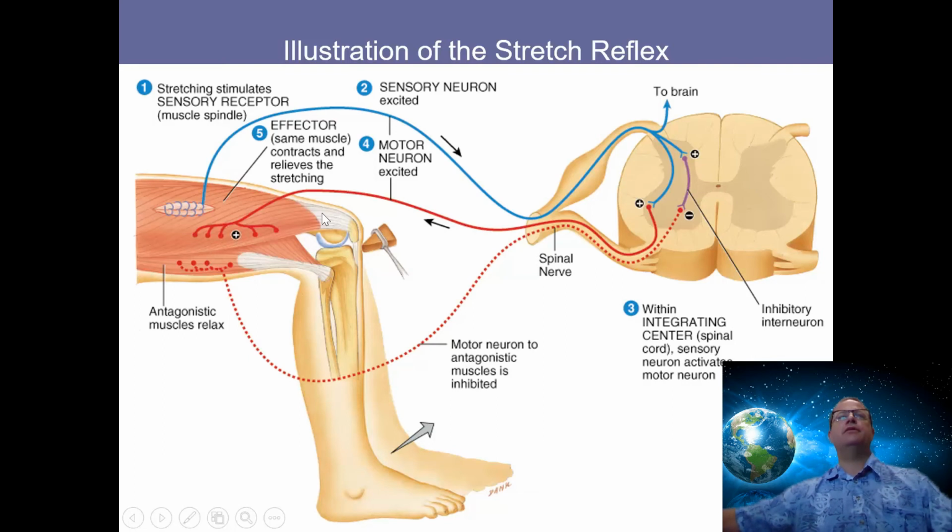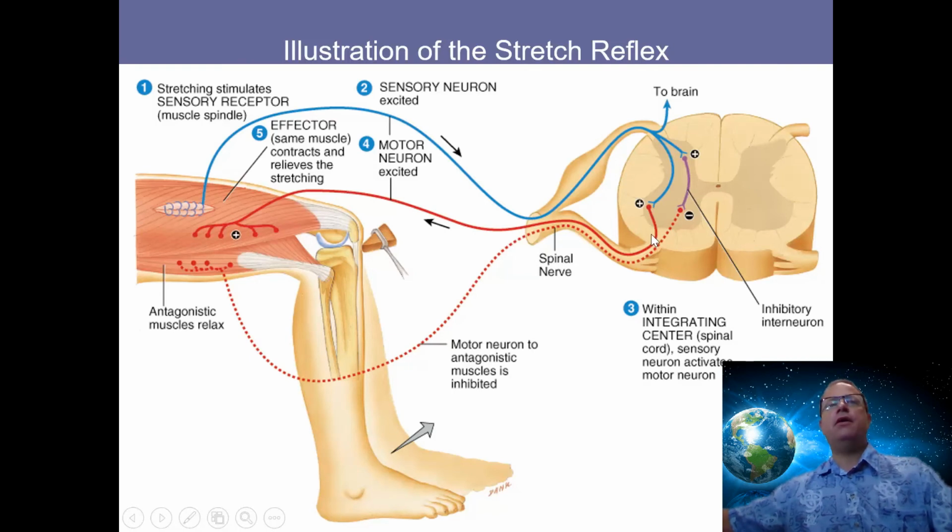Now, there are stretch receptors in the tendon and in the ligament itself that detect when it's being pressed too much, or too much pressure, too much stretch. And so it sends that information via sensory neurons all the way up to our spinal cord via the dorsal root into our posterior gray horns, where that information is relayed to motor neurons and interneurons, etc. So in this way, it involves sensory information going up the same side.